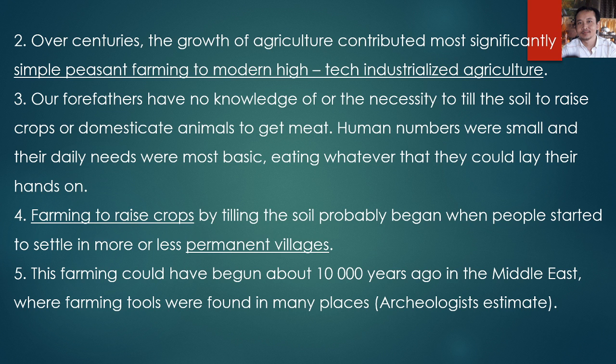For example, in Mesopotamia, in the basins of the Tigris and Euphrates rivers, and also along the Nile River in Egypt. This is what archaeologists estimated. Okay, now move on to the next one.